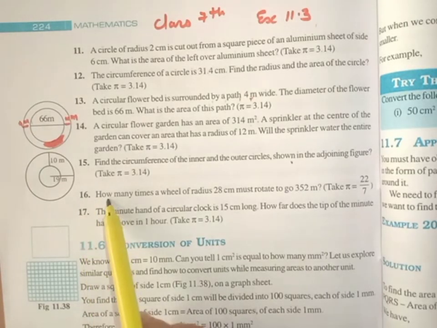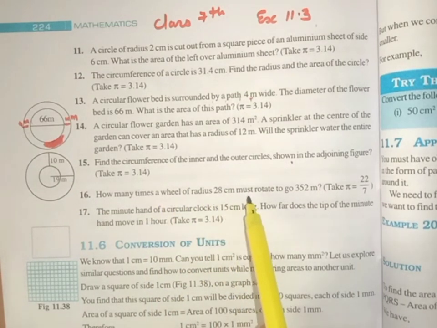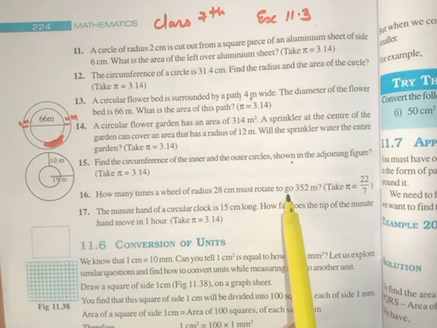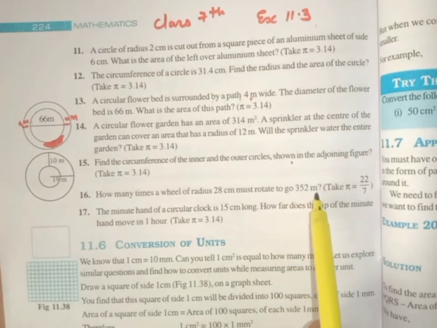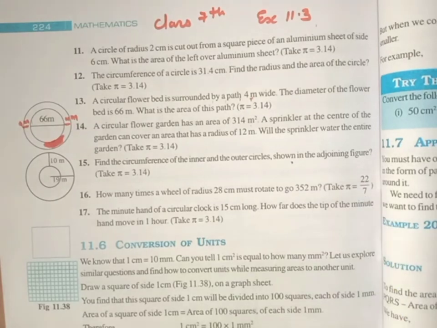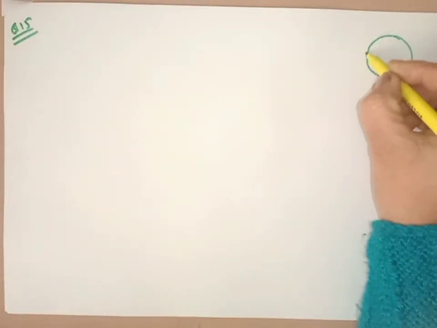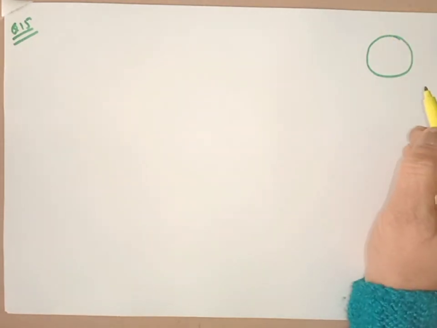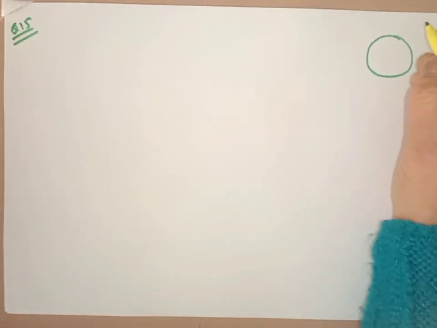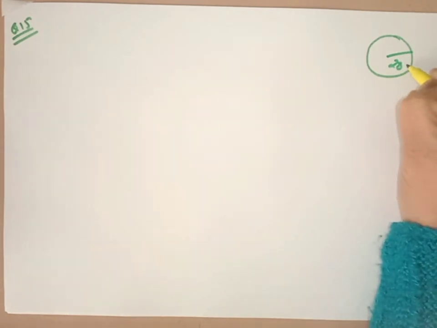Question 16. How many times must a wheel of radius 28 centimeter rotate to go 352 meter, and the pi value is given 22/7. Now this is question number 16. A wheel is always in the shape of a circle, and the radius of the wheel is given, 28 centimeter.